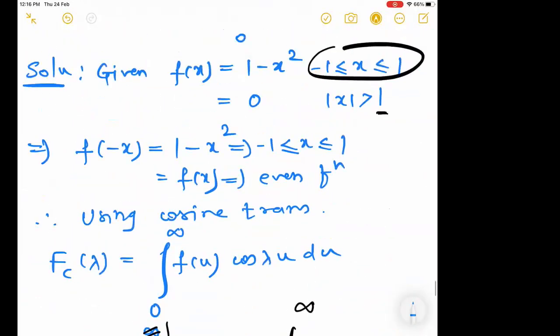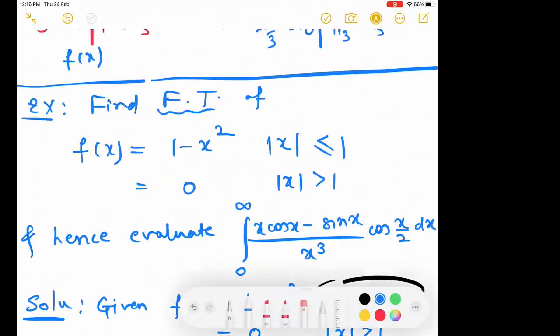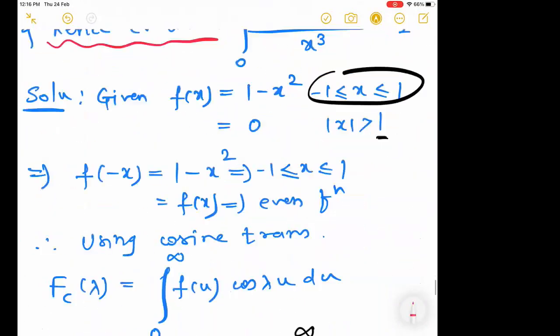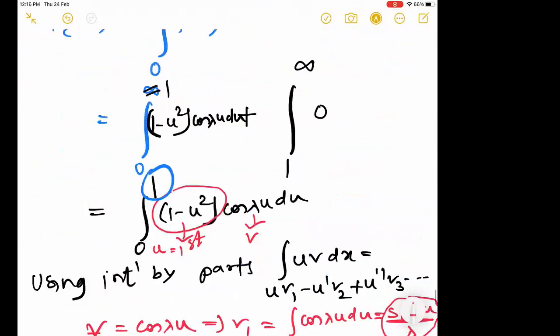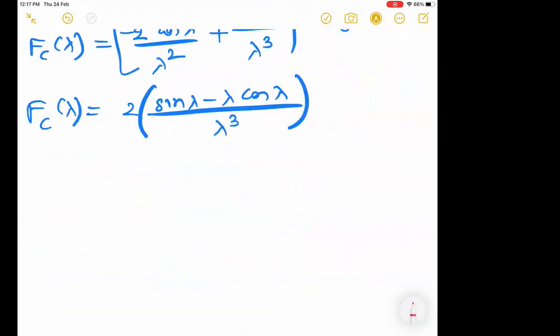Now one more question: hence evaluate the integral. So let us first take the inverse transform of the given expression. Okay, inverse cosine transform, because already we have taken the cosine transform. So take the Fourier cosine inverse transform.